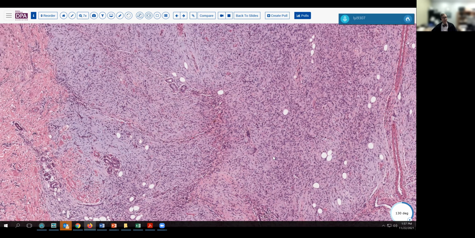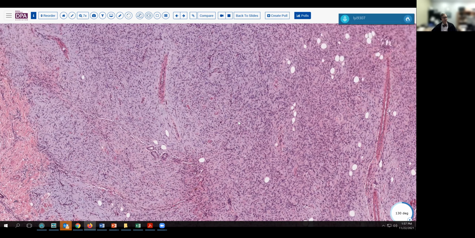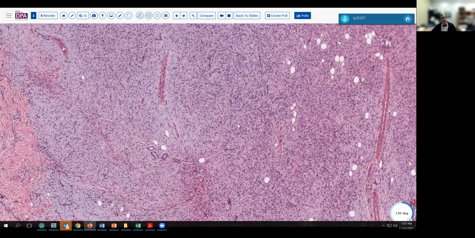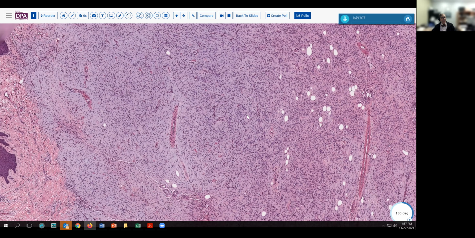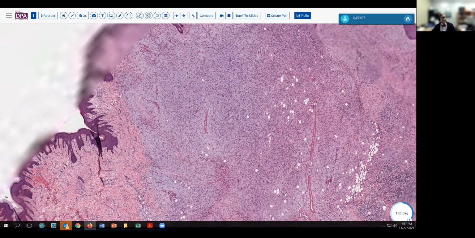And if you come to the next stage of being able to do the translocation testing by FISH, these have a COL1A1-PDGFB translocation, which is considered diagnostic and confirmatory of the potential malignant behavior of these lesions.